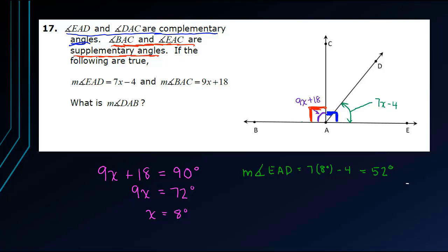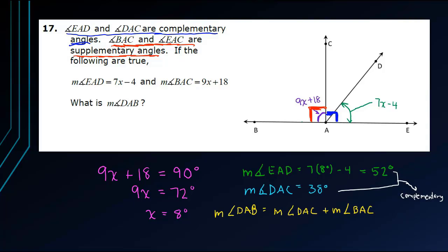And if this is complementary with this angle right here, this angle up here should be 38 degrees. And since the measurement of angle DAB should equal the measurement of angle DAC plus the measurement of angle BAC, that's going to be 38 degrees plus 90 degrees, which should be 128 degrees. So that's what the measurement of angle DAB is.